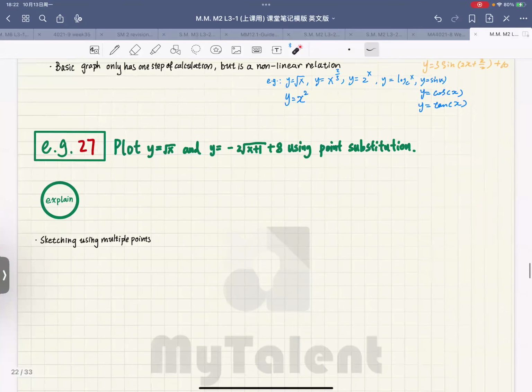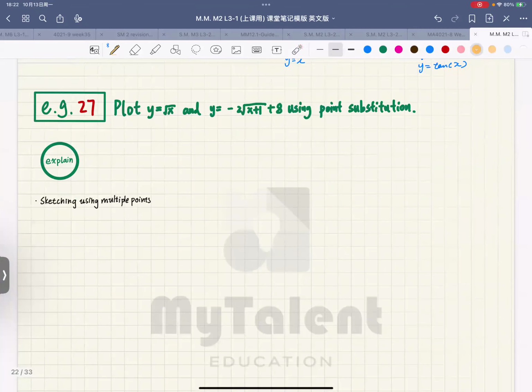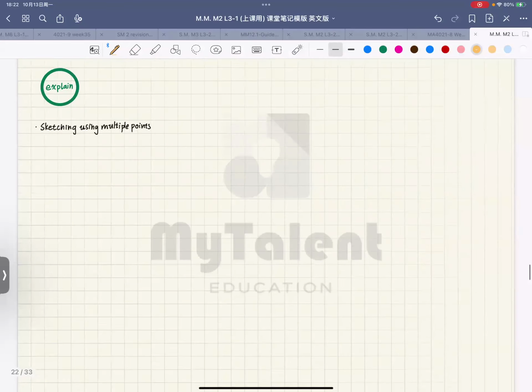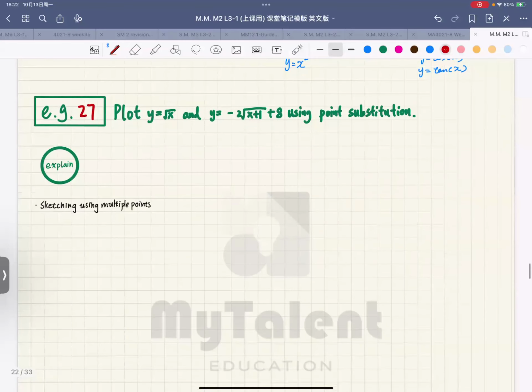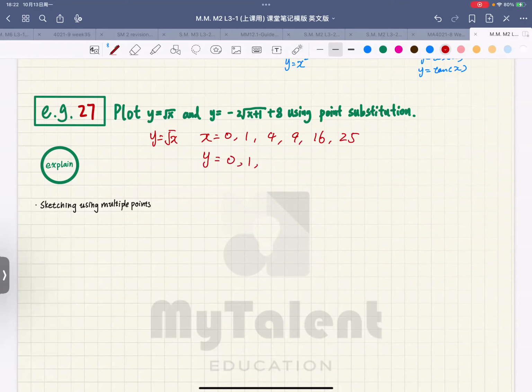So let's say y is equal to square root of x. x is equal to 0, 1, 4, 9, 16, 25, and y is equal to 0, 1, 2, 3, 4, 5.